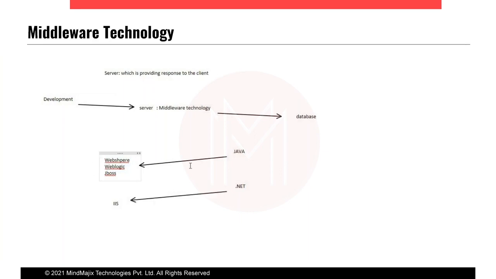So I'm coming to the platforms. WebSphere is provided by IBM. So WebSphere is an IBM product. And WebLogic is an Oracle product. And JBoss is a Red Hat product.